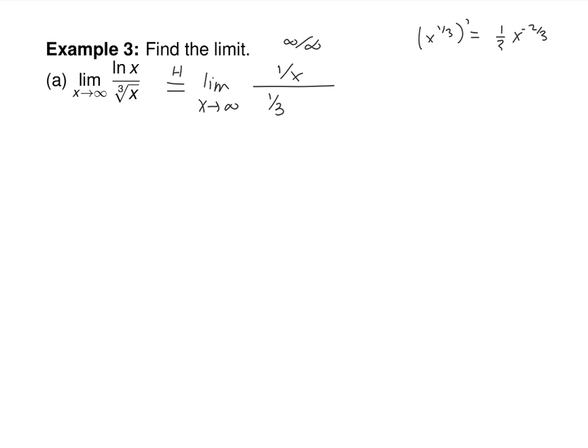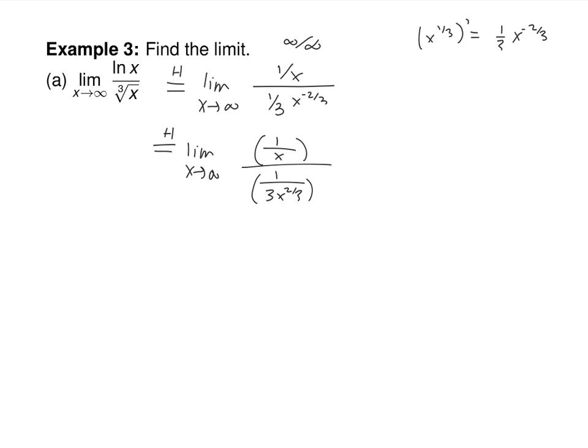Okay. And before you go crazy and apply the rule again, because you technically could, now it's a 0 over 0 thing, simplify this. Take this expression and write it as 1 over x over 1 over 3x to the 2/3. That's the same thing, right? You've got a fraction over a fraction. How do you deal with fractions over fractions?